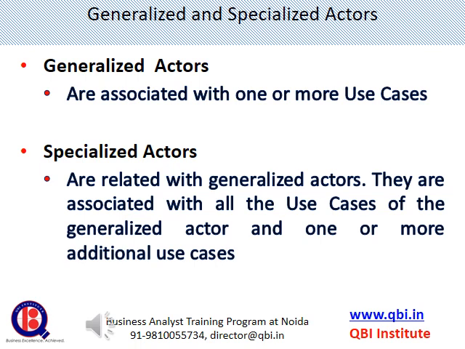Generalized and specialized actors. Generalized actors are associated with one or more use cases. Specialized actors are related with generalized actors through a generalization relationship. They are associated with all the use cases of a generalized actor and one or more additional use cases.